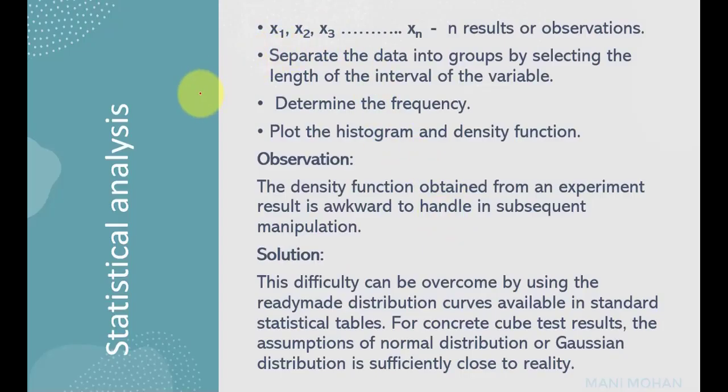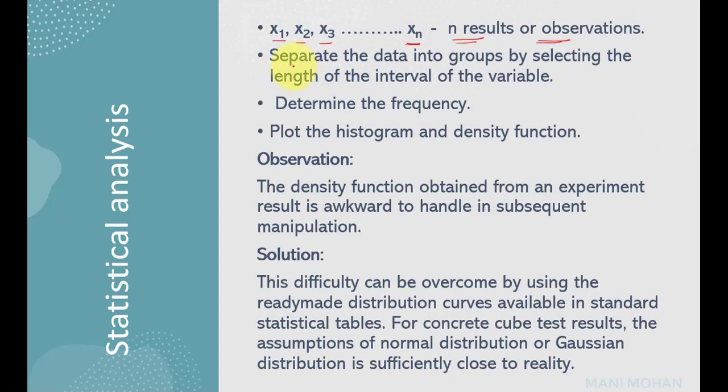To analyze the test results of material strength, like cube strength of concrete or tensile strength of reinforcement, statistical methods are used. Let us take an example to understand the statistical method to decide the characteristic strength of concrete. Consider that we have collected a set of n results or observations such as x1, x2, x3, and so on till xn, which shows a scatter.